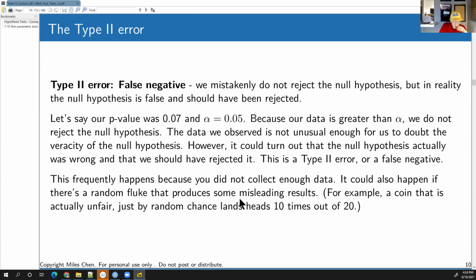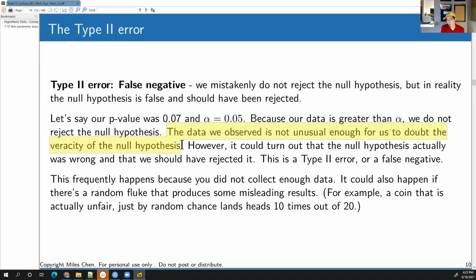So maybe we do our calculations. Our p-value ends up being 7%. Our alpha was 5%. So in our case, because our p-value is greater than alpha, we choose not to reject the null hypothesis. And in this case, we say the data we've observed isn't unusual enough for us to doubt the truth of the null hypothesis.